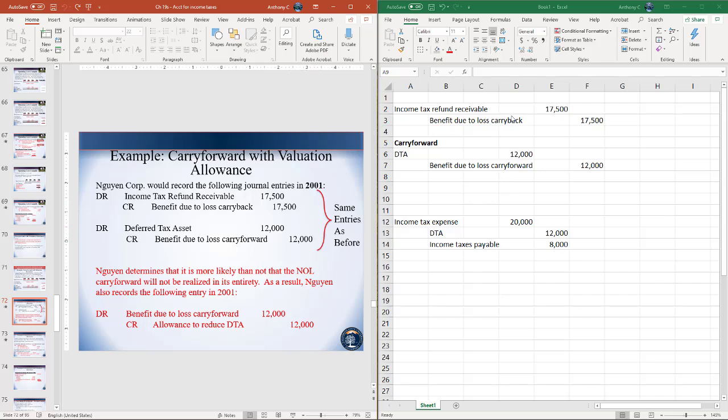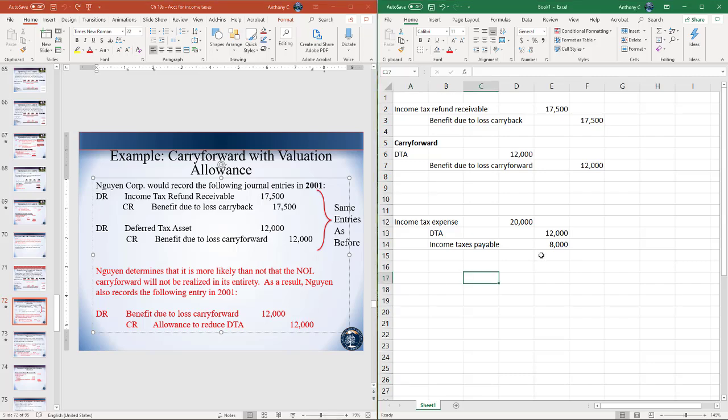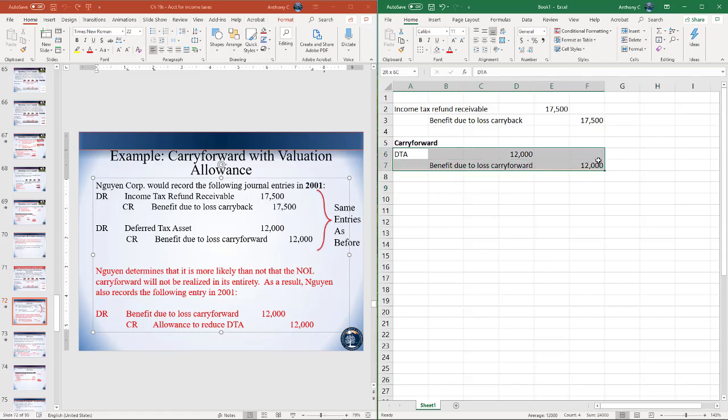And this slide for the most part up top is as well. All right, now let's say that Nguyen determines it's more likely than not that the NOL carry forward will not be realized in its entirety. As a result, we need to record the following entry. So in this case, this is the journal entry we made here to carry the DTA forward. So we have a total $12,000 in DTA.